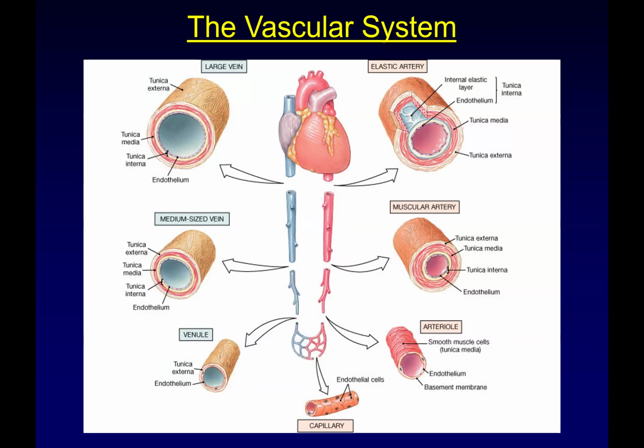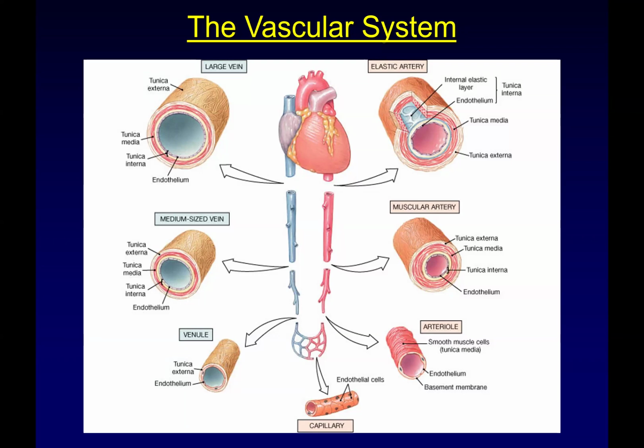So on our arteries and arterioles, we have a special name for the lining on the inside. Anybody remember what this is called? The layer of cells that lines the inside.